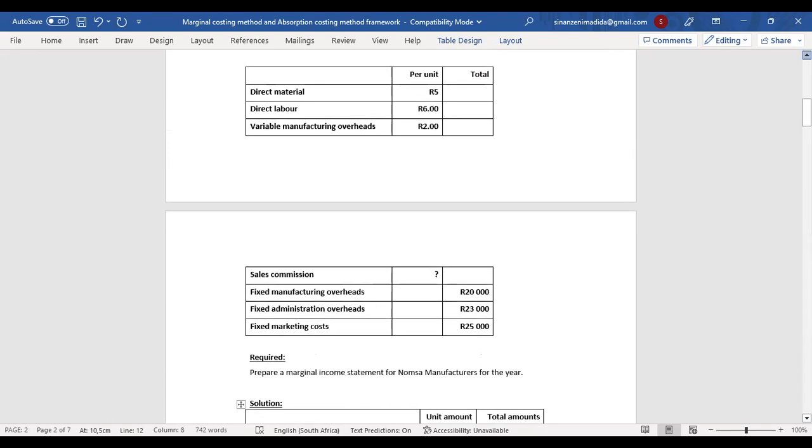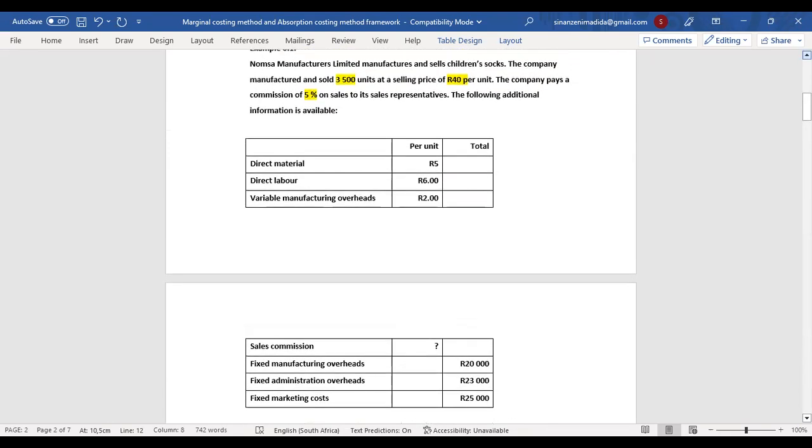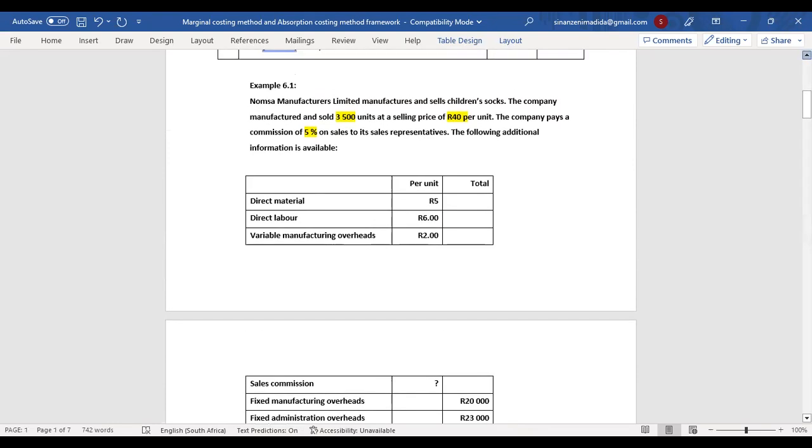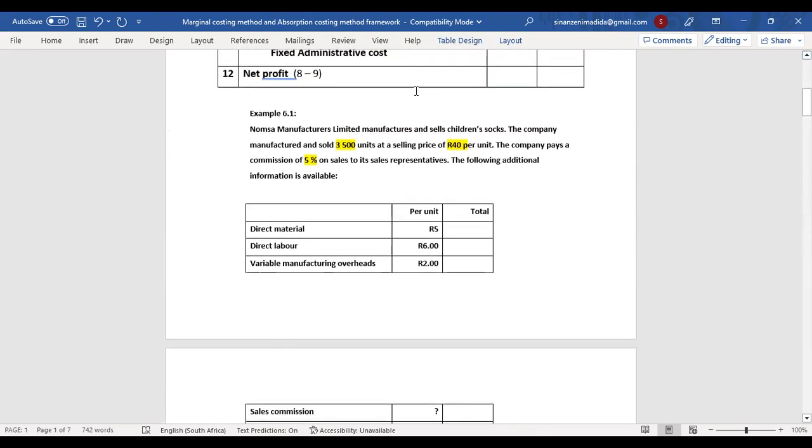When it's the sales, are we, guys, in a position to identify how many units were sold? From the given information, how many units, guys, were sold? We have got 3,500.